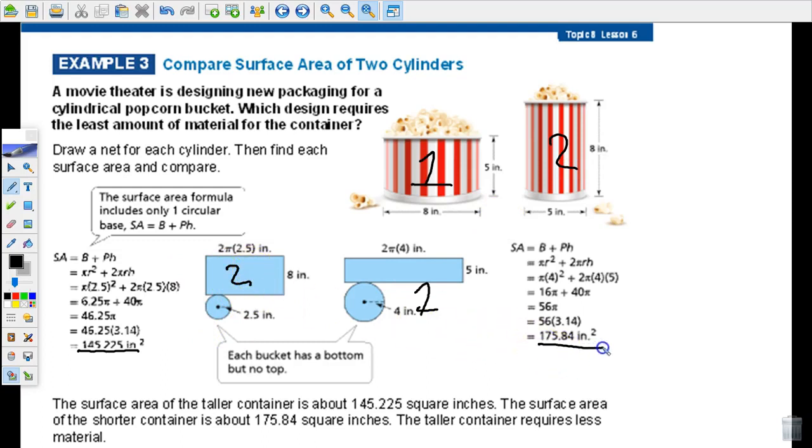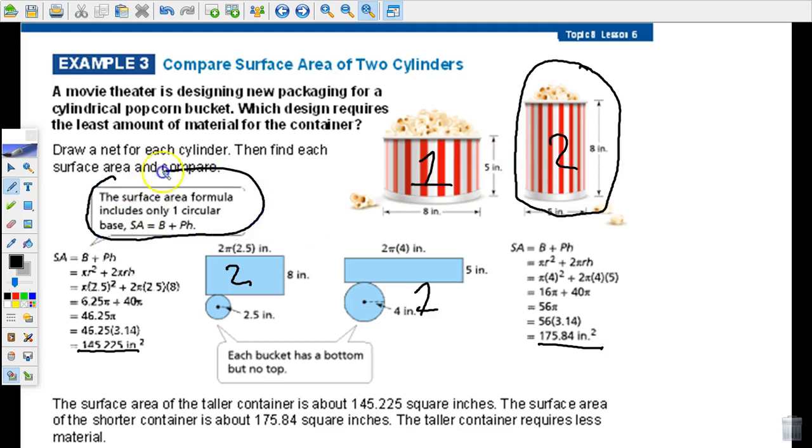So clearly, when you work it all out, it takes more material to make the first one than the second one. Therefore, the taller container requires less material. So this is the one you would want to use because it takes less material and it will cost less money.